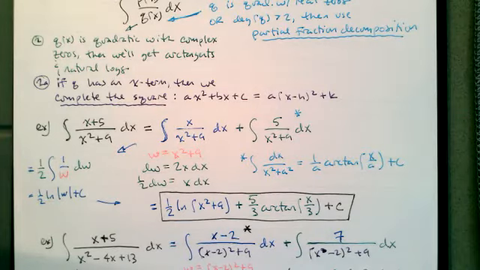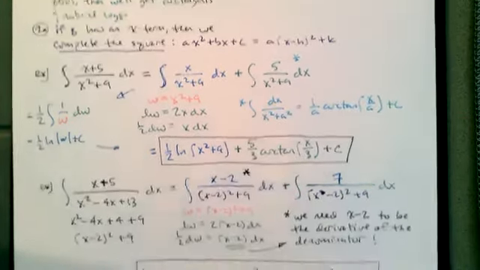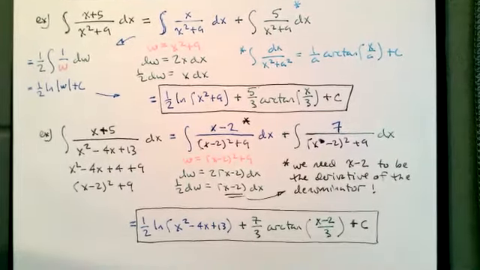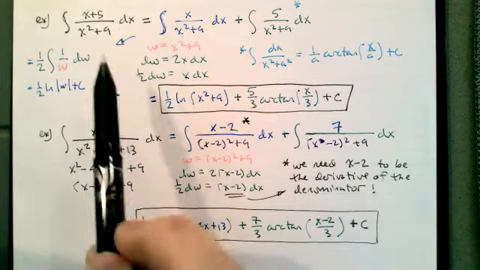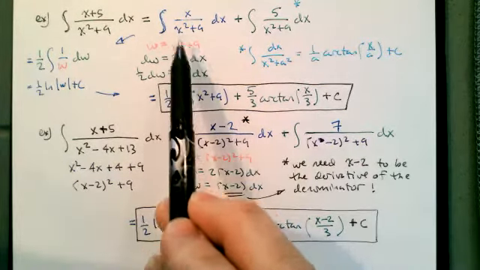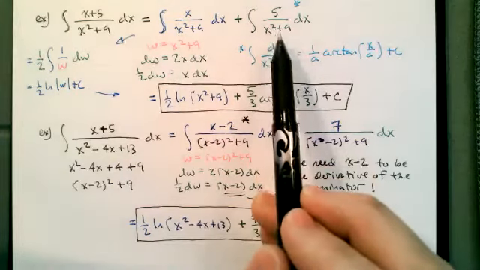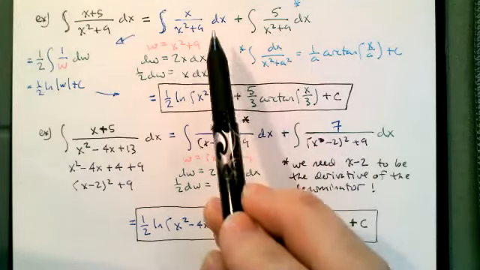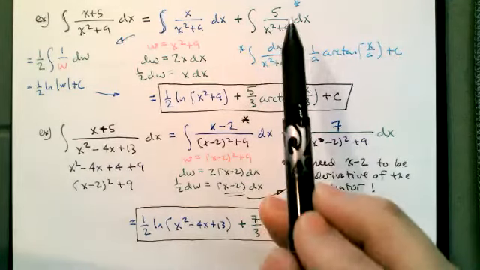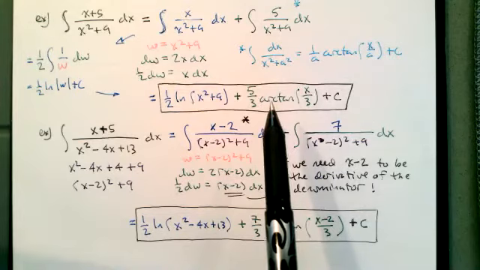We know that if there's an x term, we're going to have to complete the square. And when we complete the square, that's going to throw off what the numerator has to be. If there's no x term, then I can just keep the x over x squared plus 9 to get the natural log, and the constant over x squared plus 9 to get the arctangent.